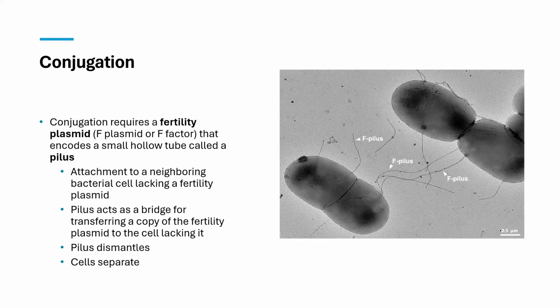The recipient does not have an F plasmid. And once they make that connection, the F plasmid can move across or inside of that F pilus. And once it has done so, the pilus dismantles and the cells separate.